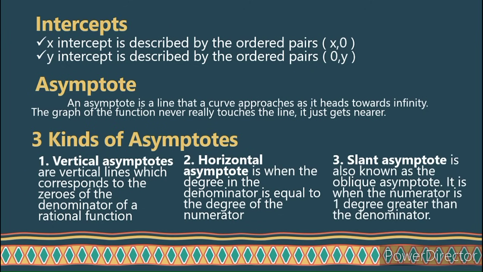Third, the slant asymptote, also known as the oblique asymptote, is when the numerator is 1 degree greater than the denominator. Meaning, mas mataas yung exponent ng numerator kesa sa denominator. So, para mas maintindihan, let us now proceed with our examples.